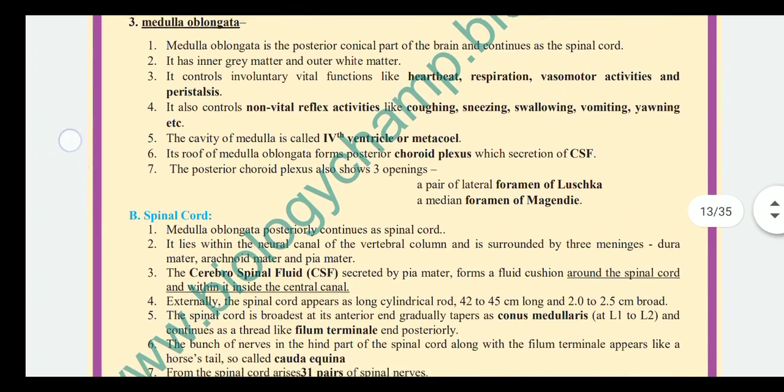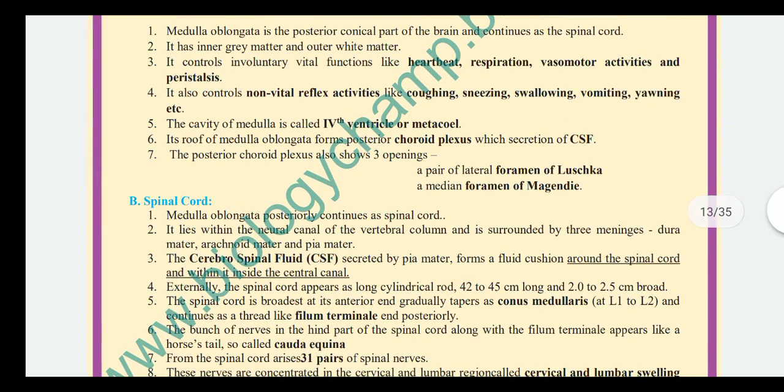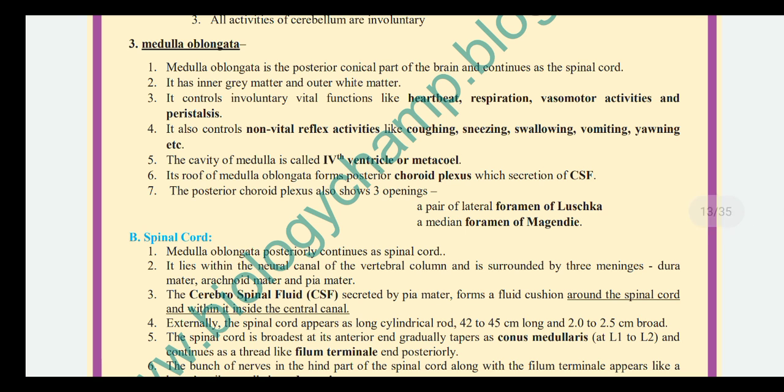Medulla oblongata. Medulla oblongata is the posterior conical part of the brain and continues as the spinal cord. It has inner grey matter and outer white matter, and controls involuntary vital functions like heartbeat, respiration, vasomotor activities, and peristalsis.